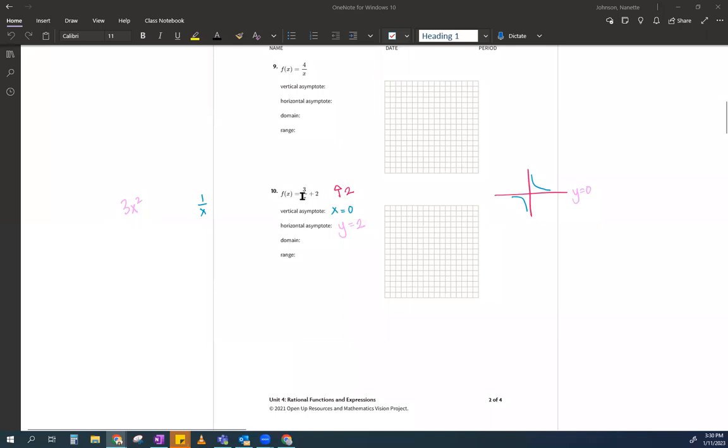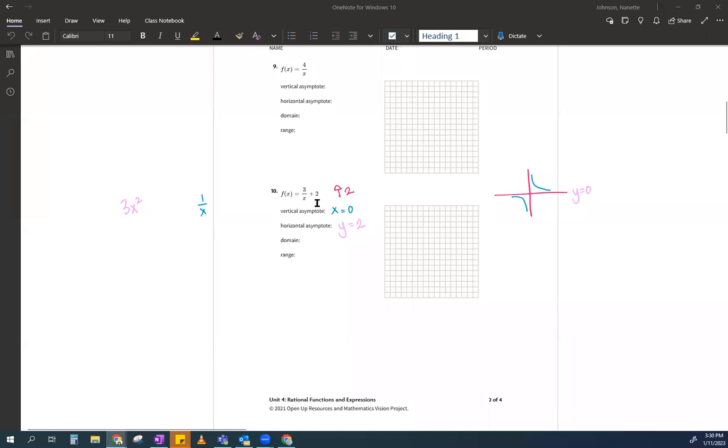So when you stretch vertically, the vertical and the horizontal asymptotes don't change. The domain doesn't change because of my stretch.